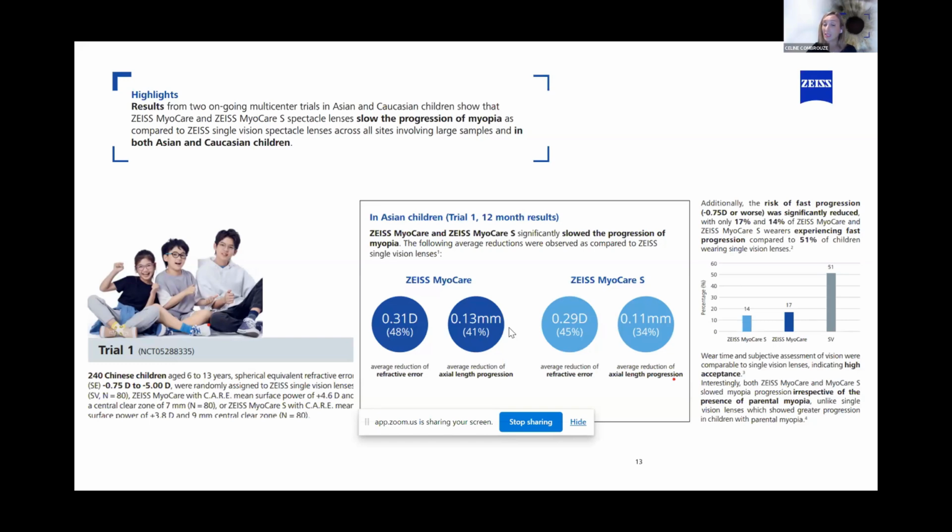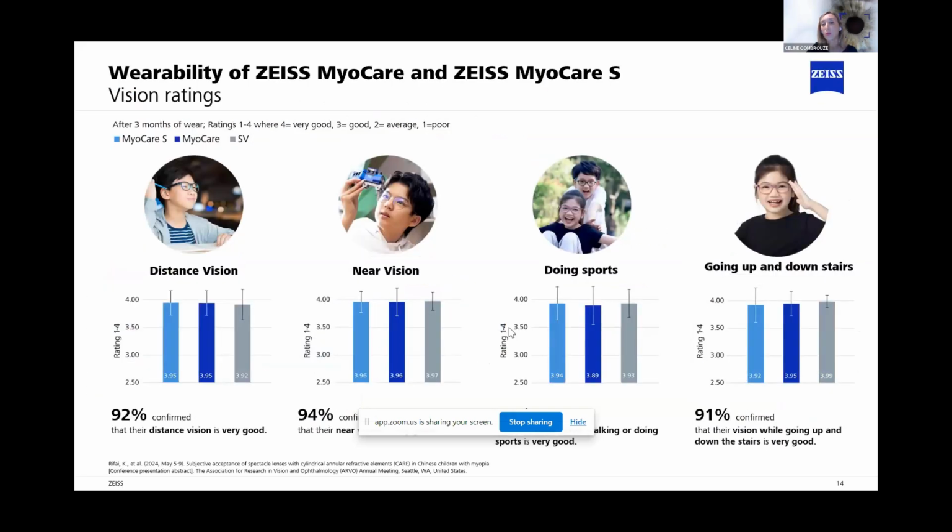About MyoCare soft design, 0.29 diopter and 0.11 millimeter. So even in 12 months, we already know that it's slowing down without compromising comfort. We tested distance vision, near vision, even going up and downstairs. It's very comfortable.